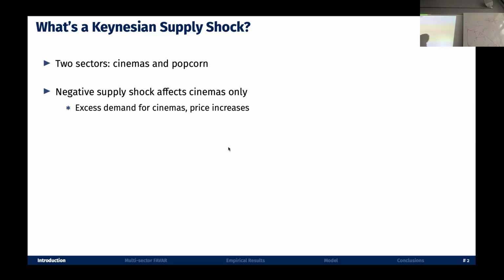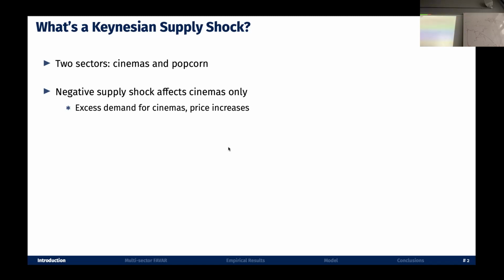That's in the spirit a little bit of what happened during the COVID period, the very beginning of the pandemic, is a productivity shock that affects the cinema sector only. So the idea is I can operate my cinema only at half capacity. It is like a productivity shock that reduces the output I can produce or sell in this case, and which is going to lead to an increase in the price of cinema tickets.